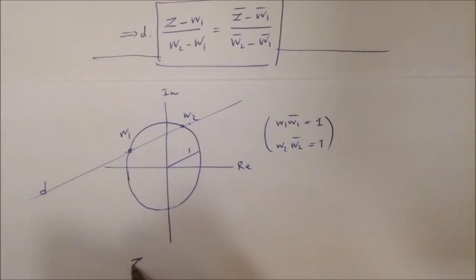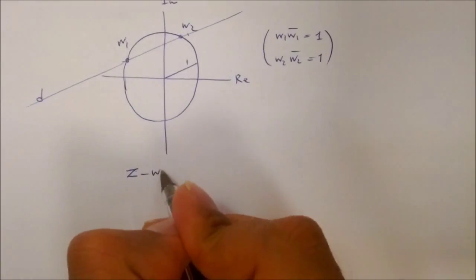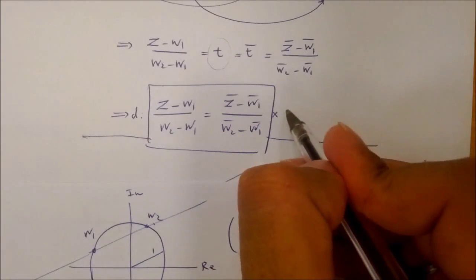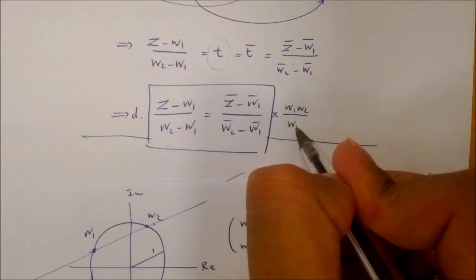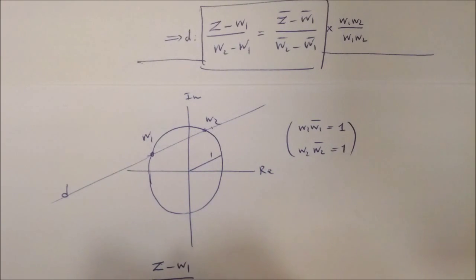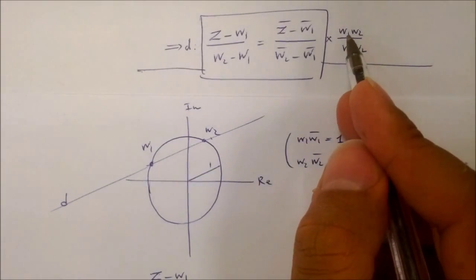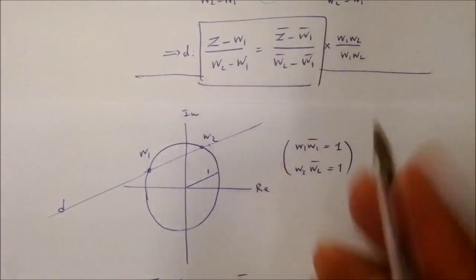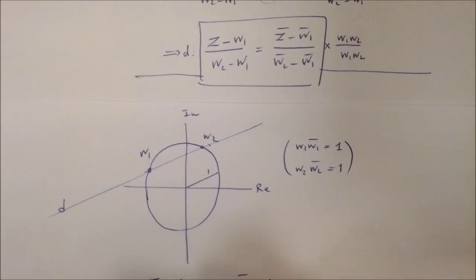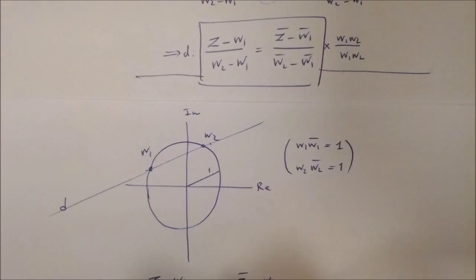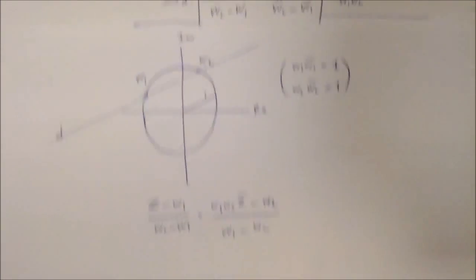Z minus W1: if I multiply the right hand side of this equation by W1 W2, I'll have simply W1 W2 Z bar minus W2, and for the denominator we will have W1 minus W2.